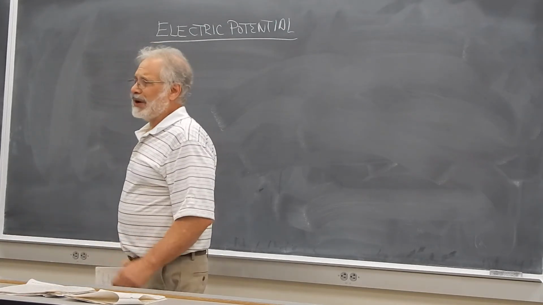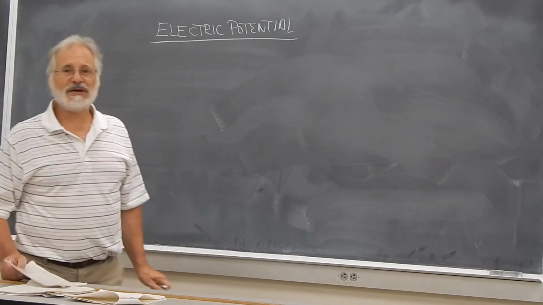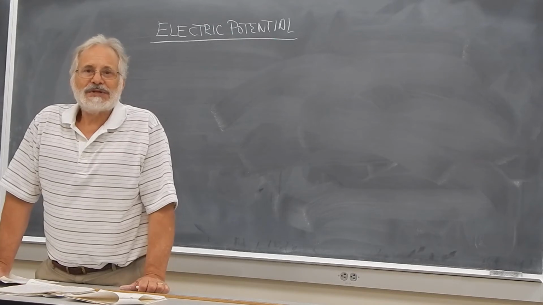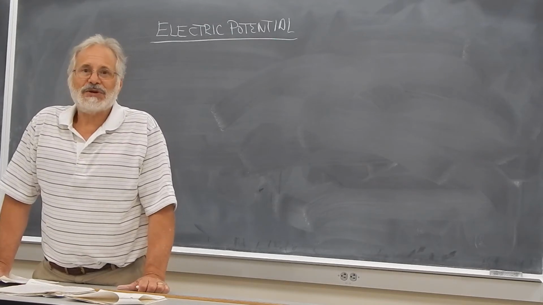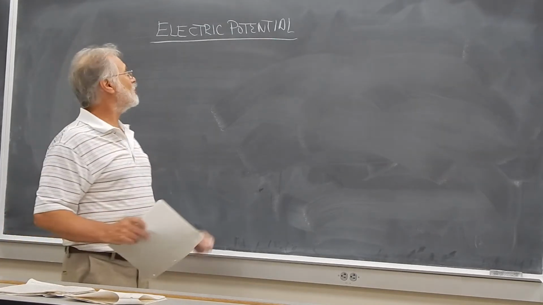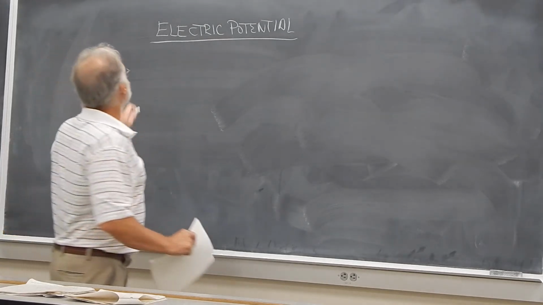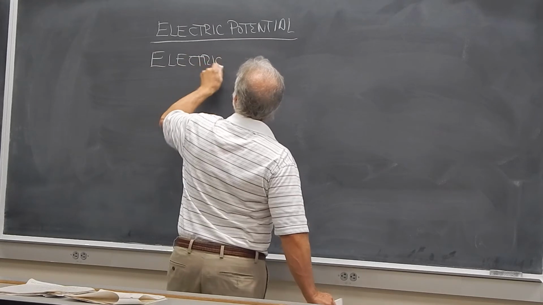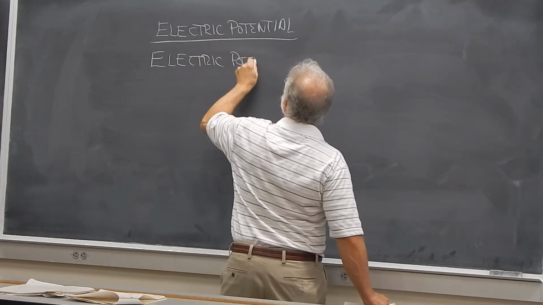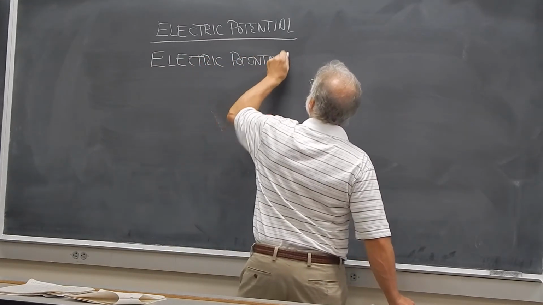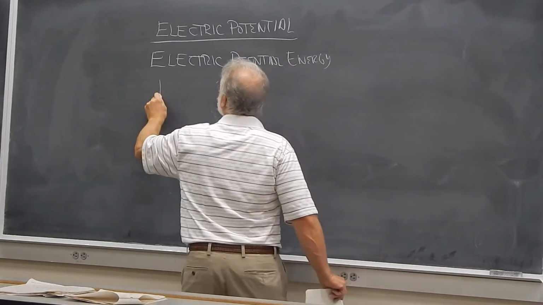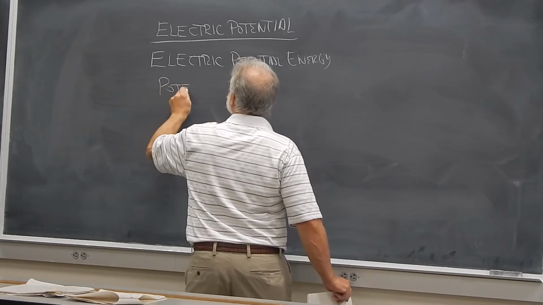And the one I want to point out immediately before we even start is the vocabulary that we use in physics, and it's kind of an unfortunate one. I'm going to write three terms on the board: electric potential, electric potential energy, and potential difference.